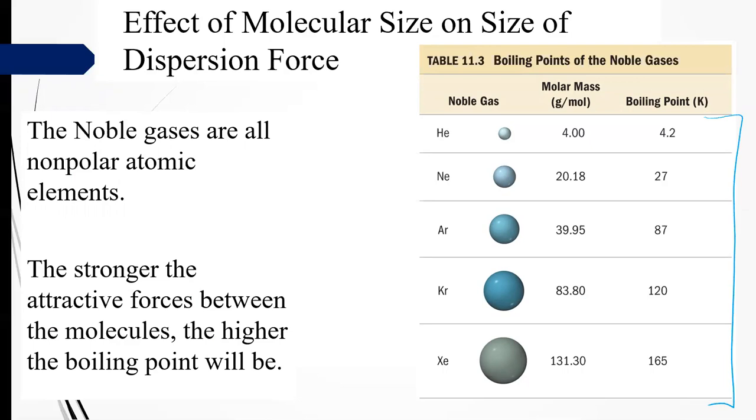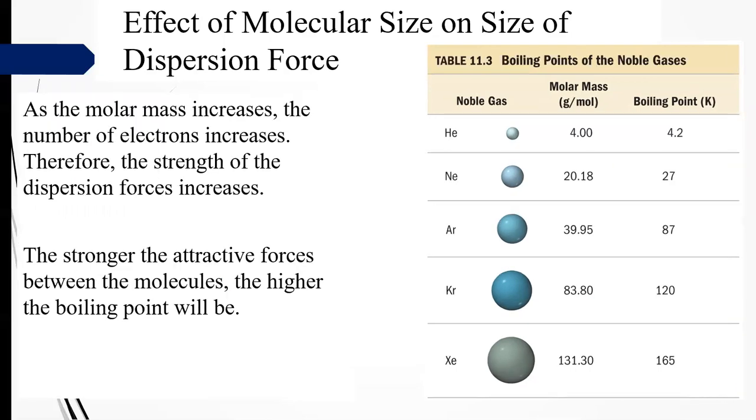As the molar mass increases for them, the number of electrons increases, and the strength of the dispersion force also increases. So helium has a really low boiling point because it's got very few electrons in there in order to polarize. It's also got a very small size. Xenon, on the other hand, has a much higher boiling point because it's got a much larger molar mass.